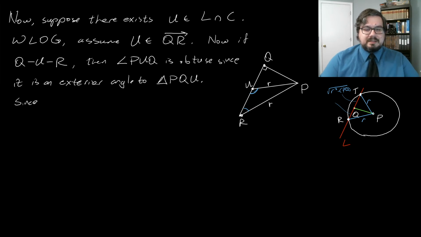And then since PU, the distance from P to U, is equal to r, which is the distance PR, that tells us that triangle PRU is an isosceles triangle.